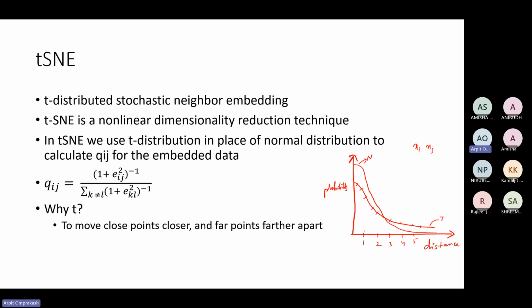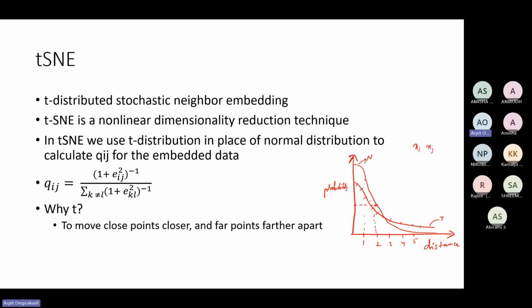Okay, let's say they are at a distance of 2. So because they are at a distance of 2, when we are calculating the probability, the value will come somewhere here. Because when we are calculating the probability, we are using the normal distribution, right?